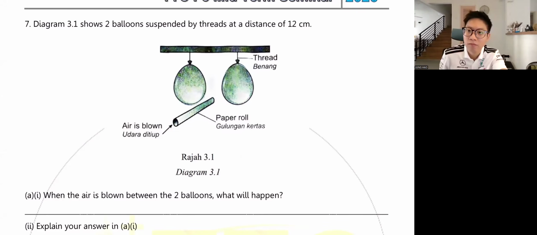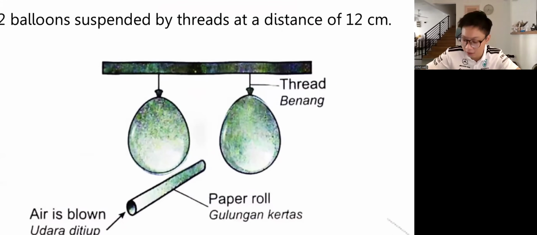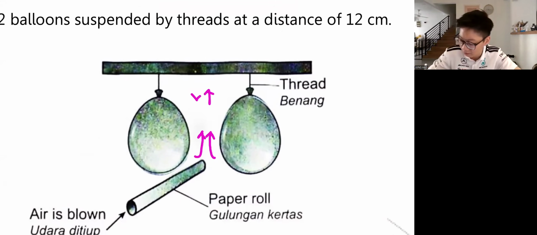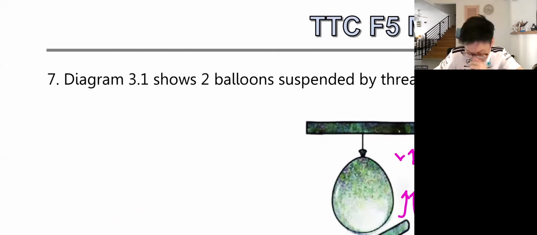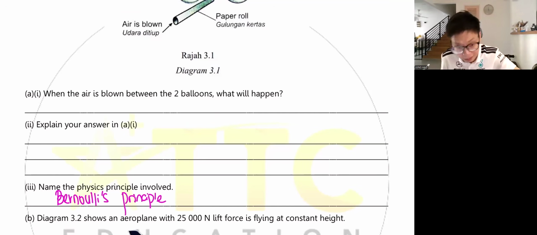Okay, very good. Now you will see what will happen: when you blow air in between them, the velocity here will increase substantially. It will be very high velocity, according to Bernoulli's principle.